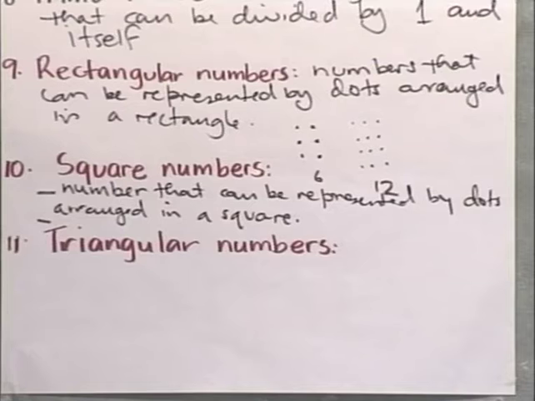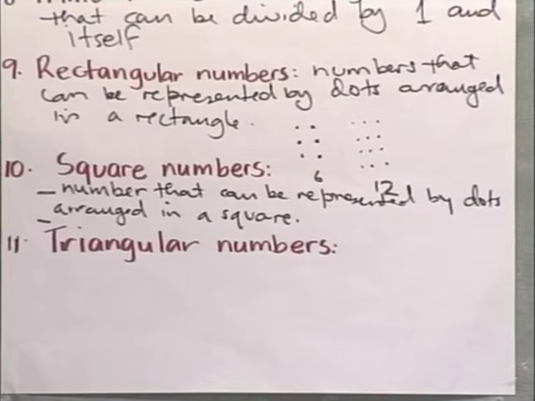Anyone who thinks there is another definition of a square number? Rita? A number that can be written as a product of two equal numbers, for instance, 1 times 1, 2 times 2 and 3 times 3. It's also the square of a number.